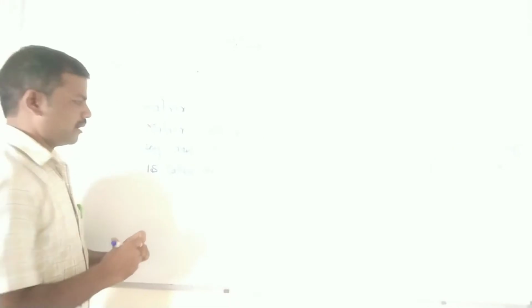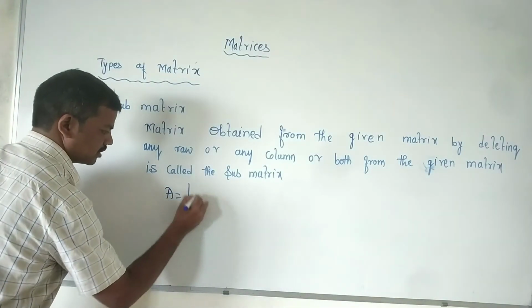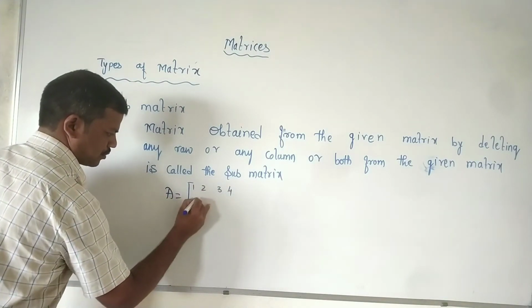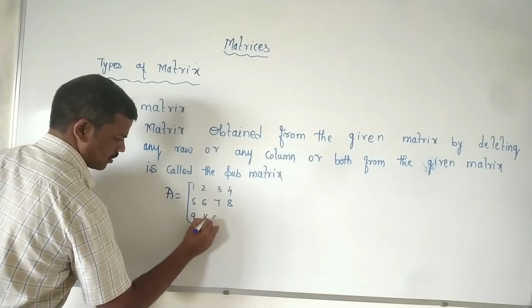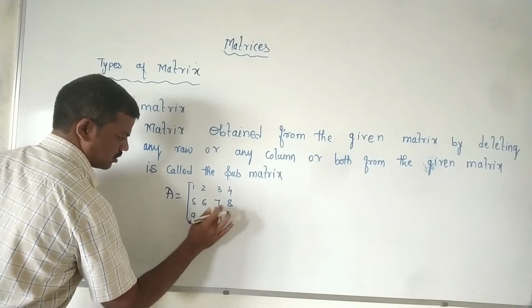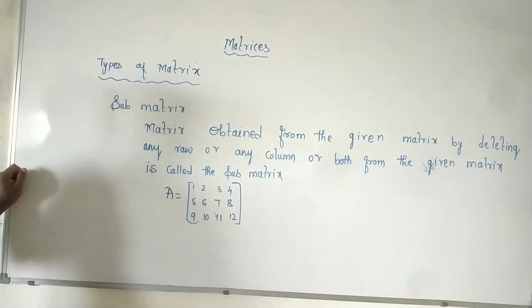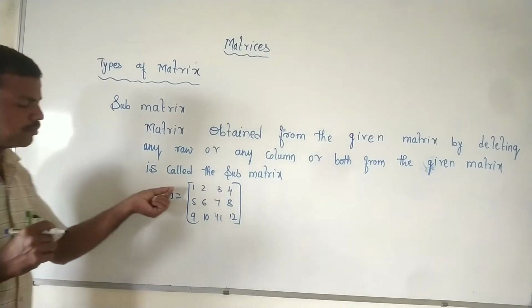Let A be a given matrix: 1 2 3 4 5 6 7 8 9 10 11 12. So this is a matrix, and we have to obtain the submatrix, which is obtained by deleting some rows.